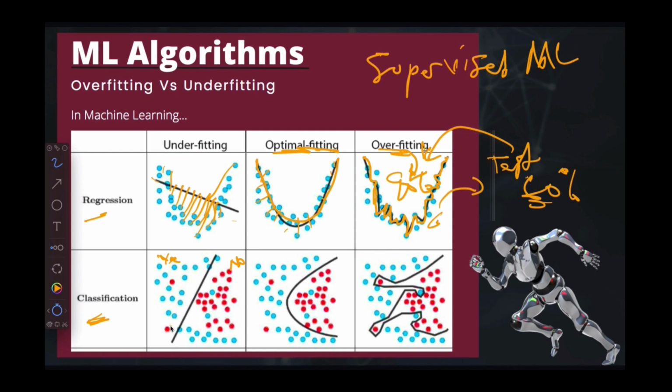In this case, although it's trying to fit this line, you can see that the majority of the blue points are not being classified very well, and there are some red points over here. If there were no blue points over here, we would consider this error okay, because we've been able to separate much of the red points. But most of the blue points are also here, so this one is not able to do it well. And if you see the optimal one, you can see how it is able to separate as much red from the blue as possible.